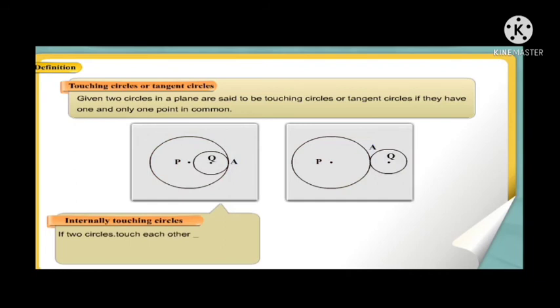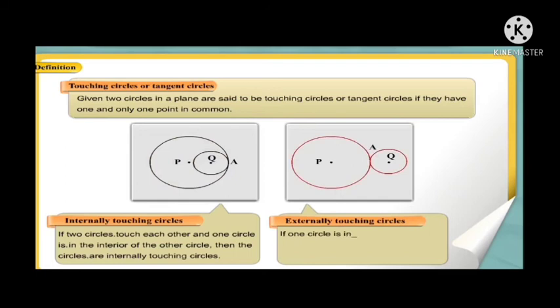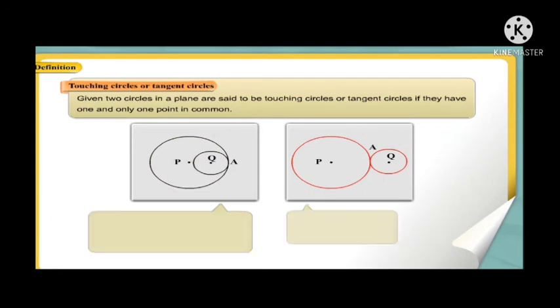Internally touching circles: if two circles touch each other, and one circle is in the interior of the other circle, then the circles are internally touching circles. If one circle is in the exterior of the other circle, then the circles are externally touching each other. So students, we have seen the definition of internally and externally touching circles.